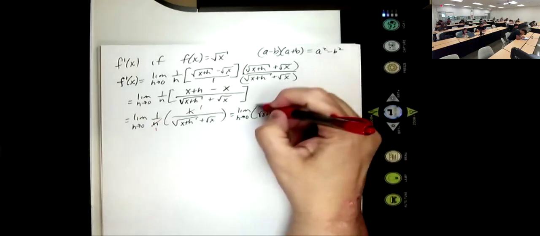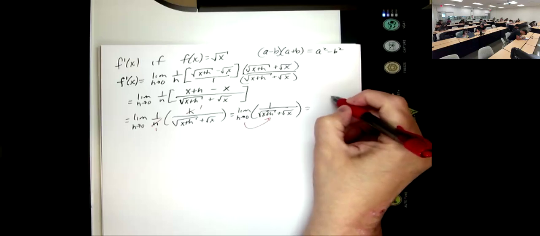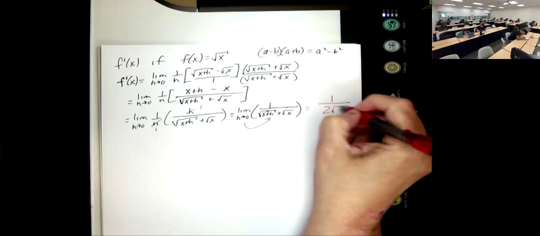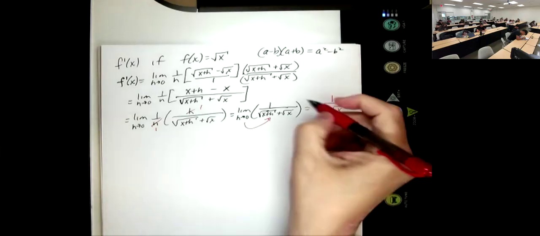We use our med pack, hit the h with 0. We have square root of x plus square root of x on bottom is 2 square roots of x. And that's our f prime of x.